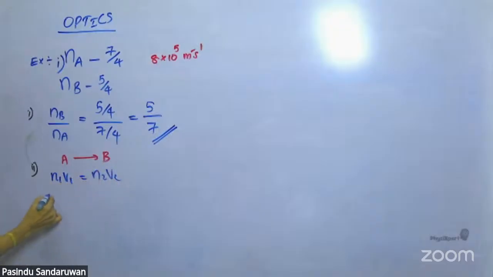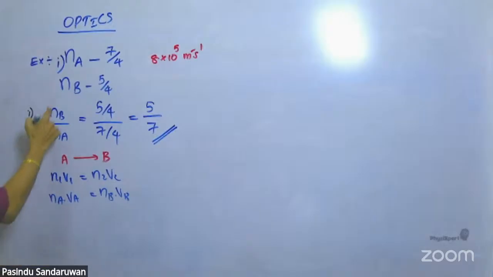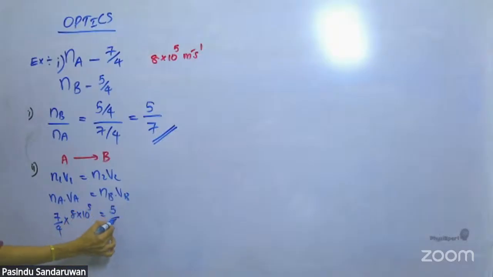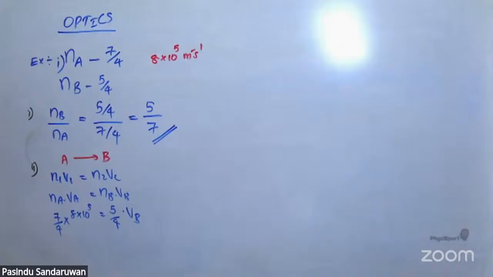From A to B, that is NA VA equals NB VB. Refractive index of A is 7/4, and velocity at A is given as 8 times 10 to the power 5. Then refractive index of B is 5/4, and the velocity at B, say VB.